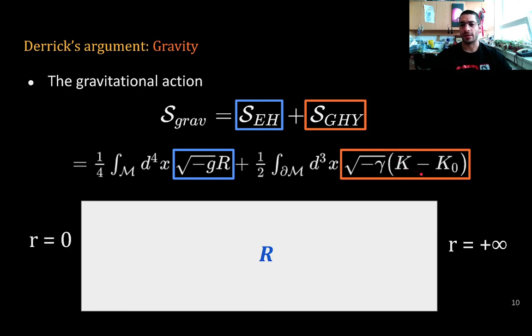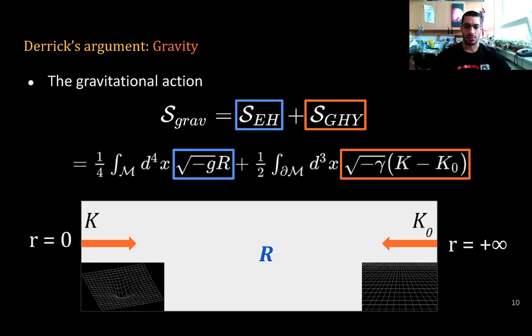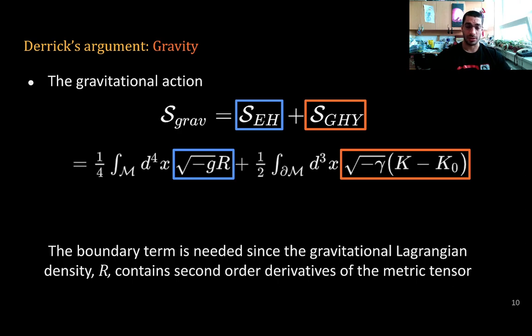It is computed by the difference between the extrinsic curvature K of both boundaries and K0, the extrinsic curvature of the flat spacetime, which is just coordinate dependent. And this boundary term is needed since the gravitational Lagrangian density contains second-order derivatives of the metric tensor, as I already explained.